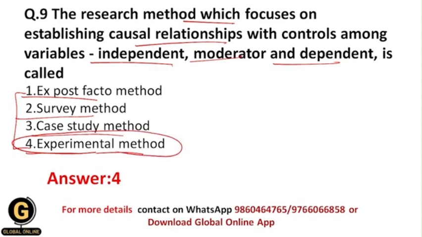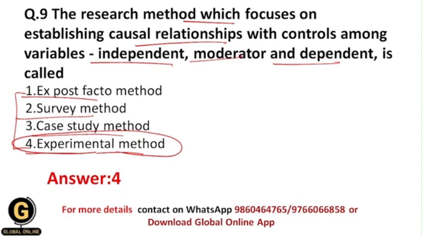There is no control over the variable which is under study, but for other variables I'll have the control. And my focus is that I want to establish the causal relationships between the variables. So these two things make me do the experimental research method.